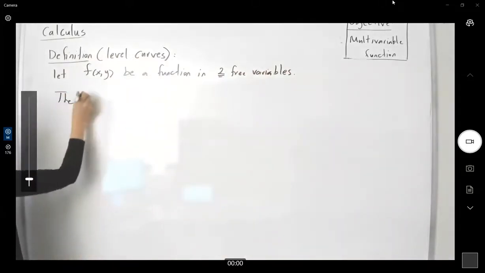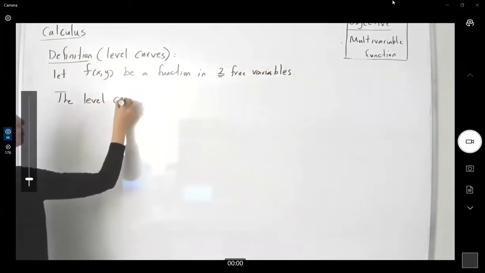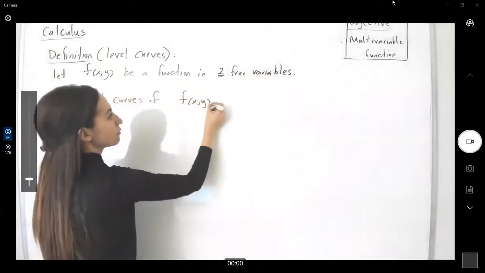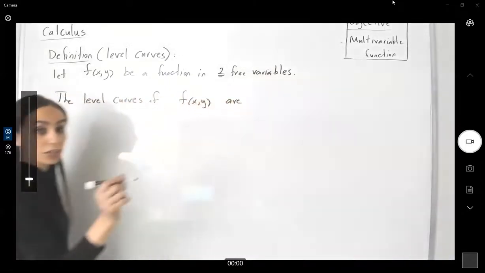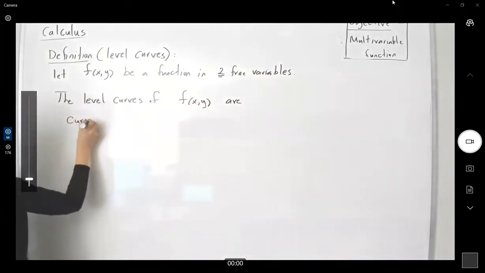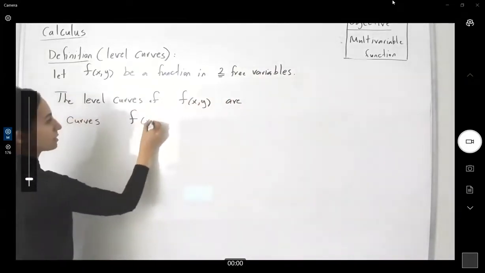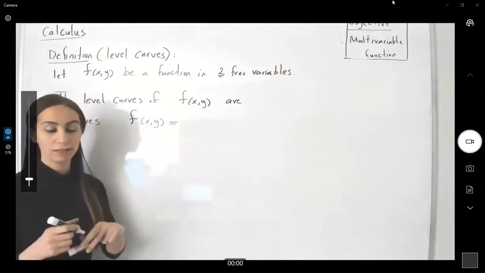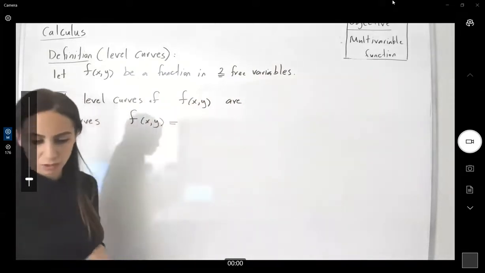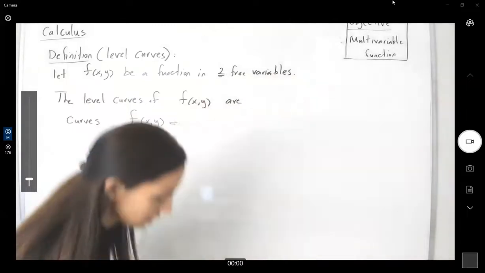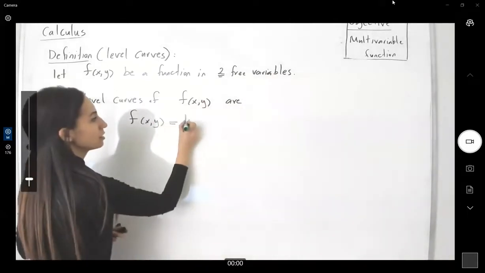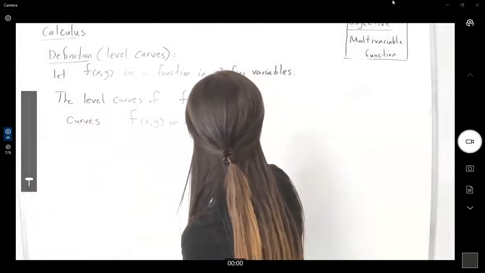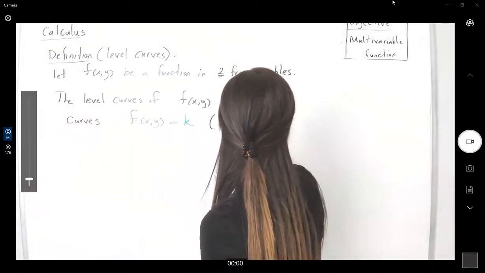The level curves of f of x and y are curves f of x and y equals a fixed number like k. So let's write down k with a different color. k is a number.